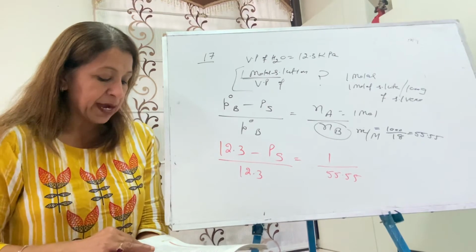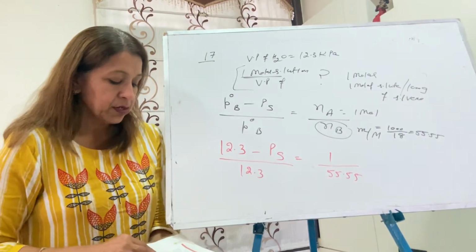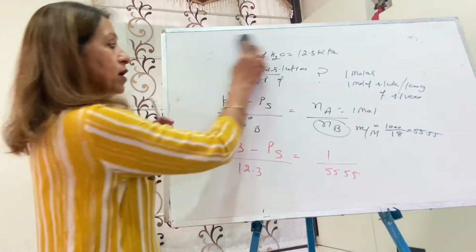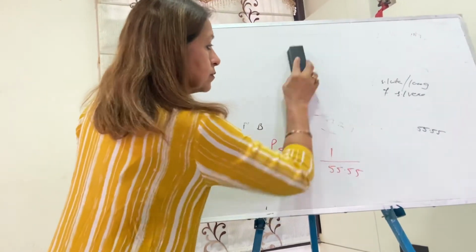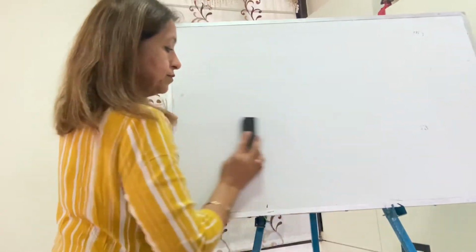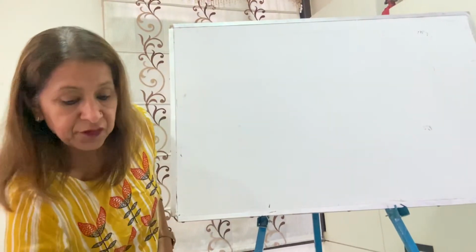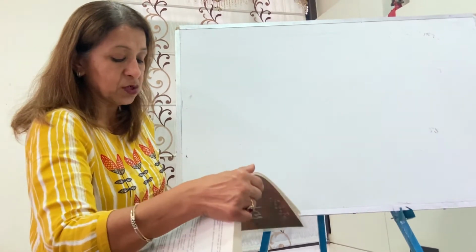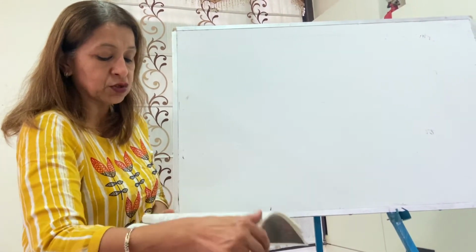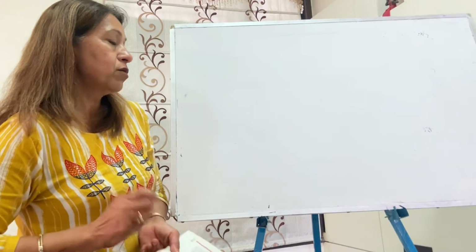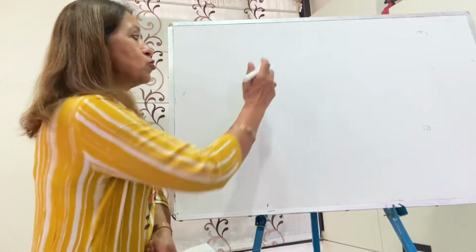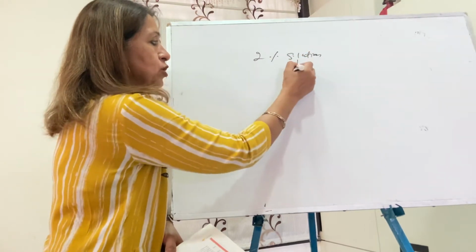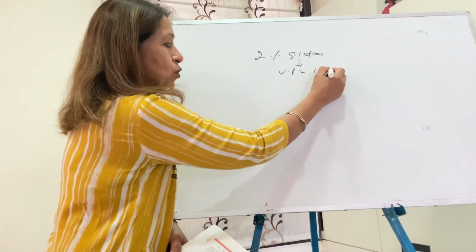On the same page, I'm taking the 15th numerical now. Now it's a 2% solution. Write down the 15th numerical. In the 15th numerical, the solution is 2%. A 2% solution has a vapor pressure 1.003 bar.